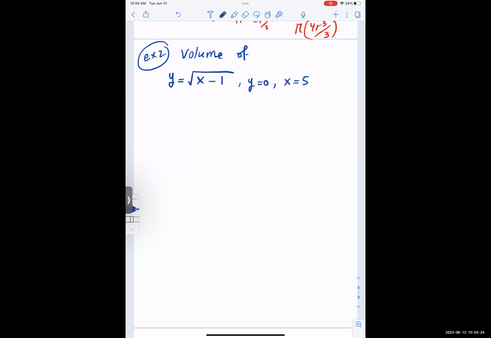Whenever you found what this shape is, I want you to revolve it around the x-axis.